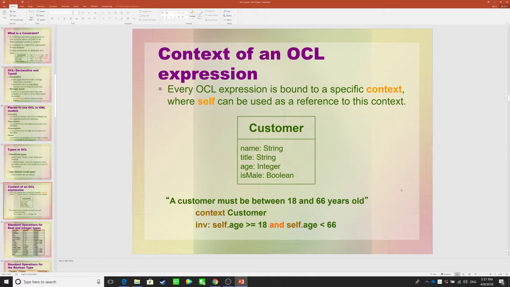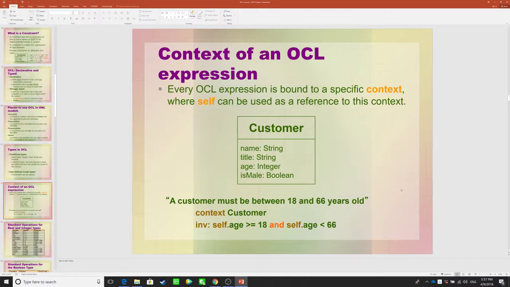Sometimes we have more than one class here. Like we have a customer, and then maybe a host, a client, some other class. But here, when we are specifying that a customer must be between 18 and 66 years old, we have to put this context here clearly.